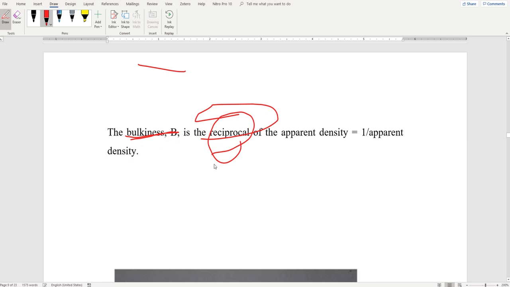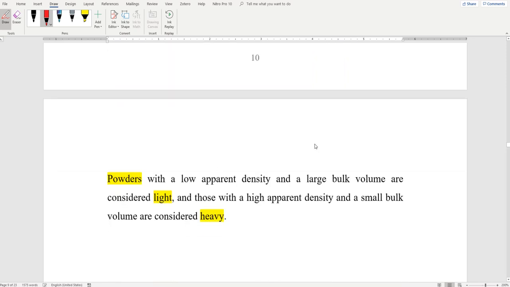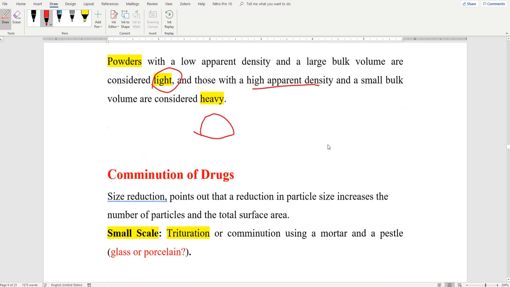That means there are a lot of spaces between the particles. It will occupy a large volume and need a large container to put the powder. In this case the powder is considered as light. Whereas if it has high apparent density, its bulkiness will be small. In this case we will consider the powder as heavy.